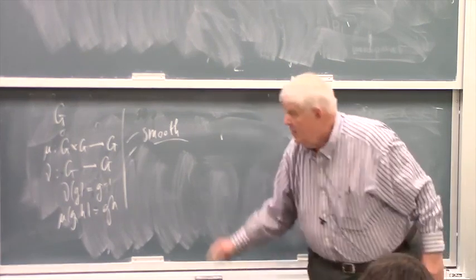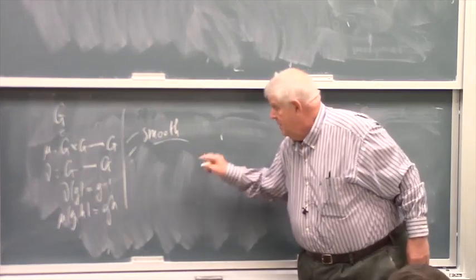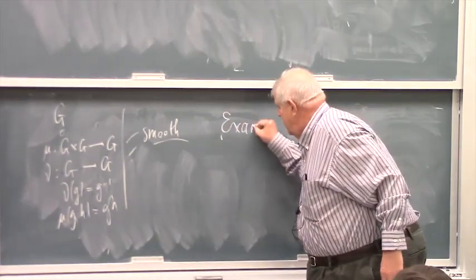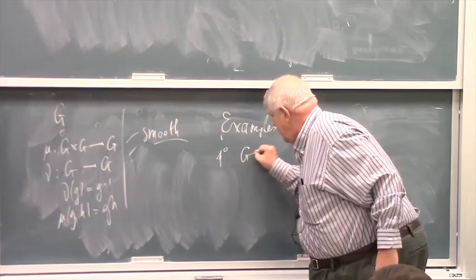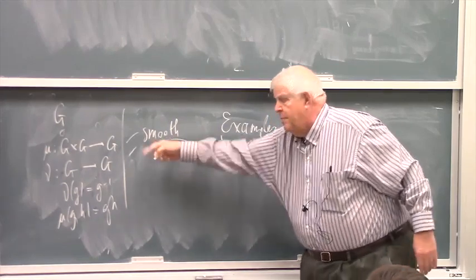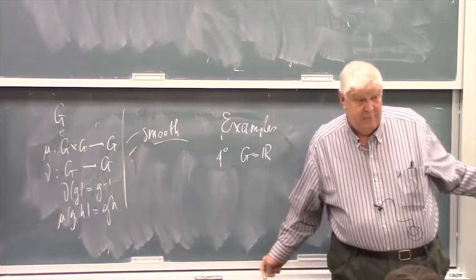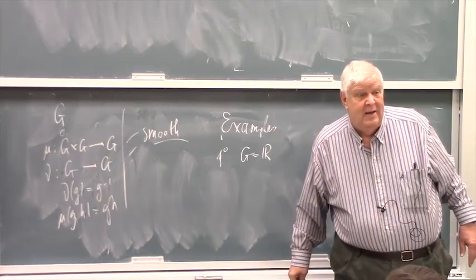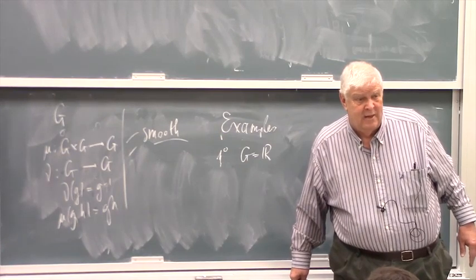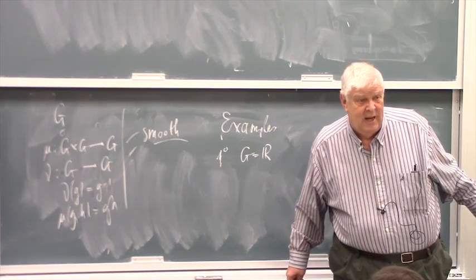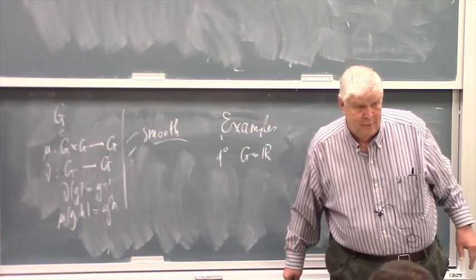If G is R, this map, R cross R, which is the plane, and the map of R times R into R is x, y goes to x plus y. Certainly this is a smooth map, very much.